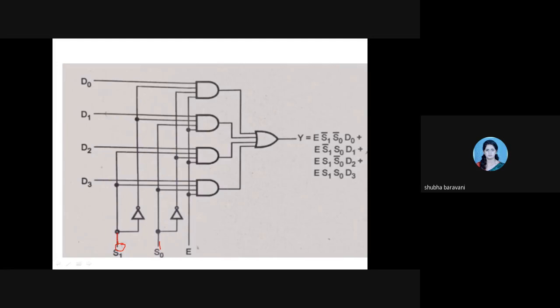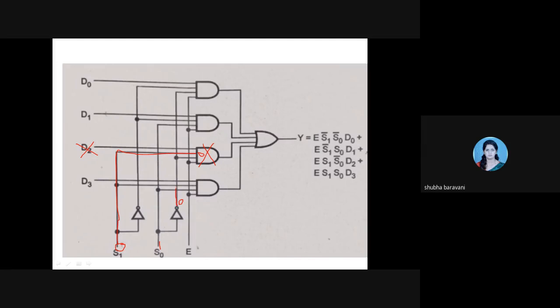S1, see it is coming here, and this 0 is getting applied to the third AND gate. So this AND gate will not operate now. So there is no question of reflecting D2 at the output. Now S0 is 1, so after inversion 0 will come.